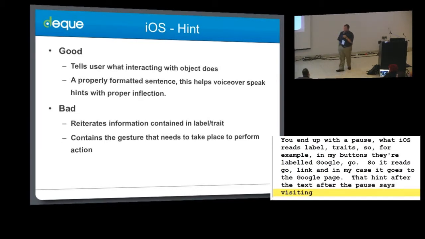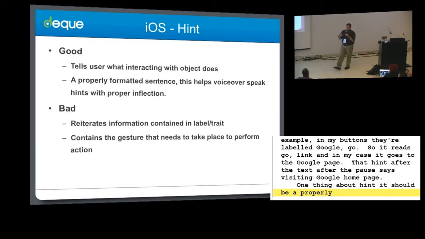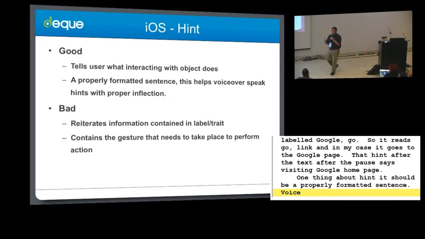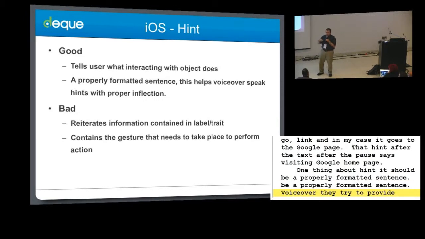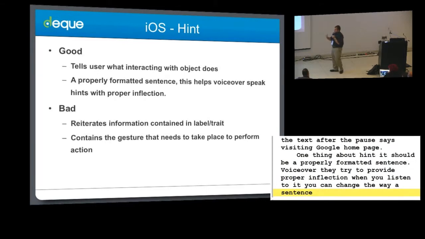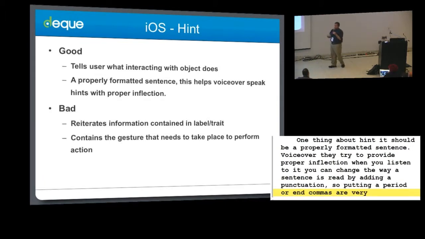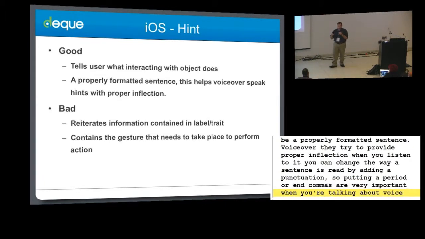One thing to remember about hints is it should be a properly formatted sentence. VoiceOver tries really hard to provide proper inflection. When you listen to VoiceOver, you can actually change the way a sentence is read by adding punctuation. So putting a period at the end, a question mark at the end, commas are very important when you're talking about VoiceOver because it will actually try to replicate the way a sentence is read.